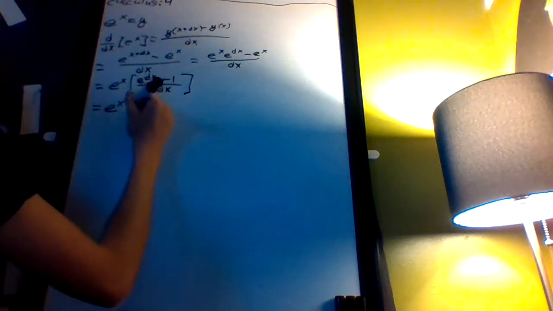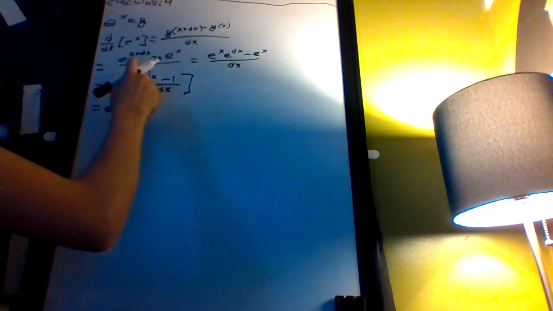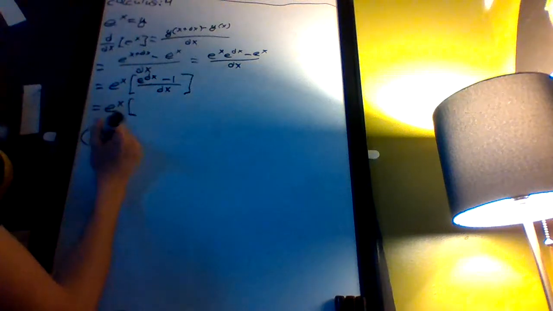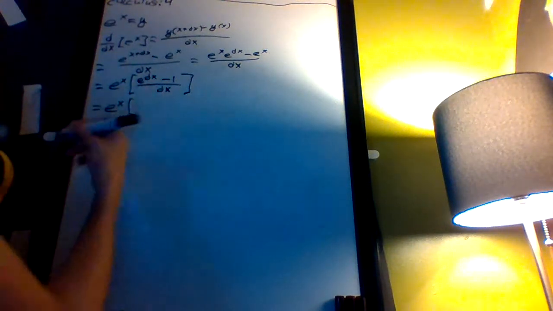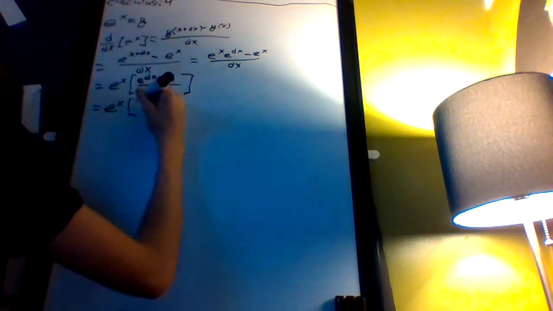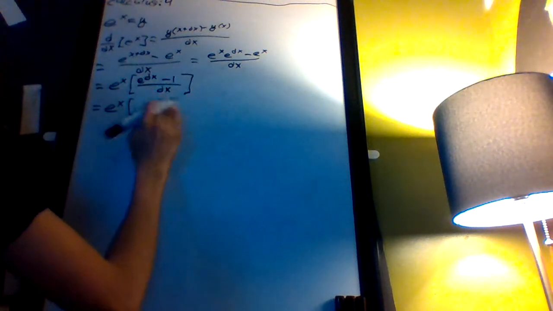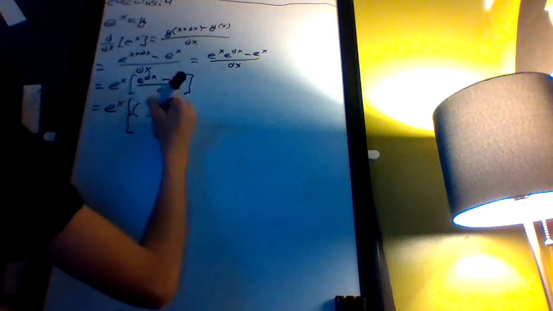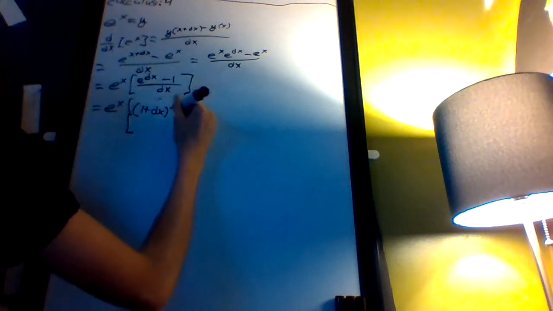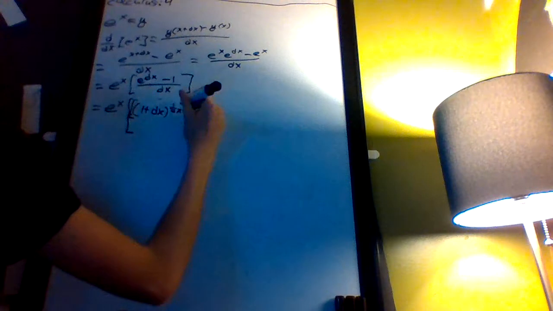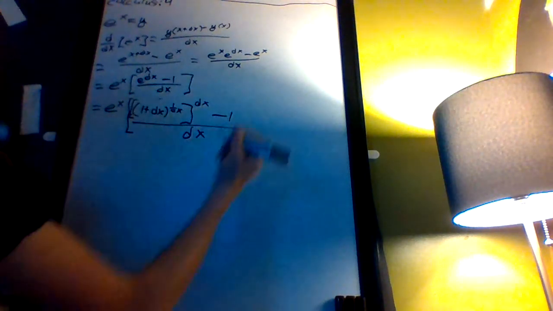From this, well, we know what e is. It's 1 plus dx, because dx is going to 0, to the power of 1 over dx. So we get then 1 plus dx to the power of 1 over dx, all raised to the power of dx, minus 1, all over dx.